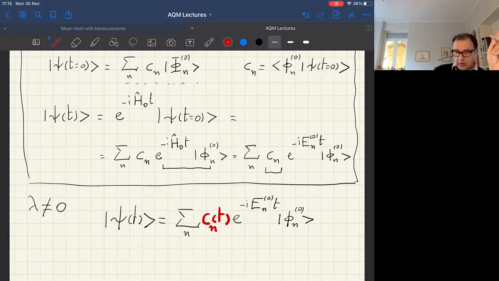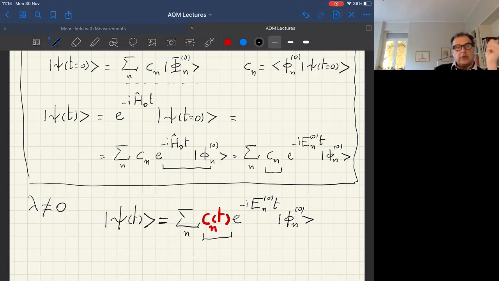Okay, so I want to stress that this is an equal sign, because as long as you just leave open the determination of this Cn, this is always a possibility to write it, okay?